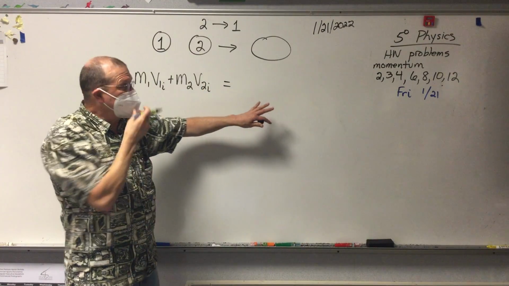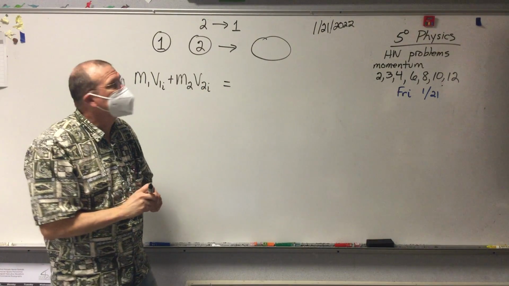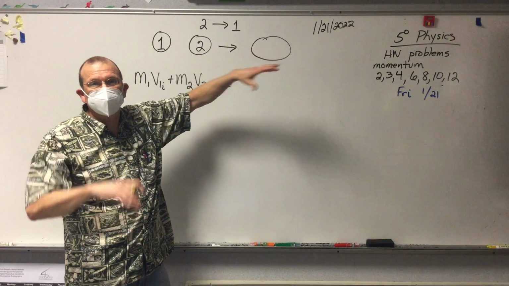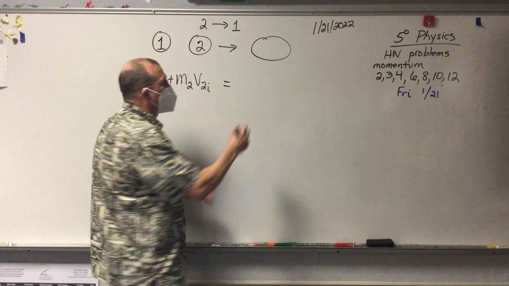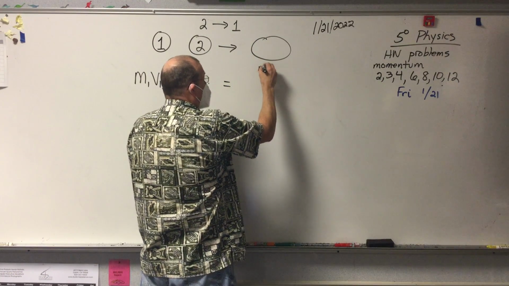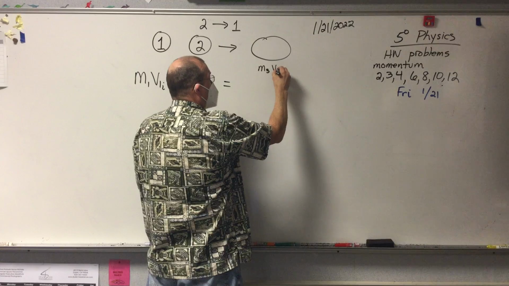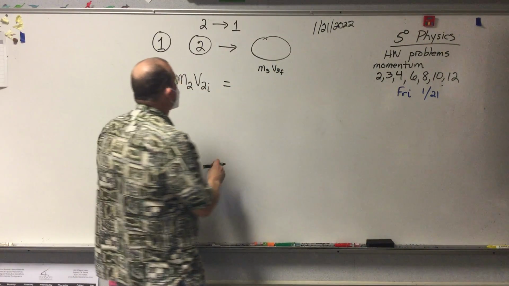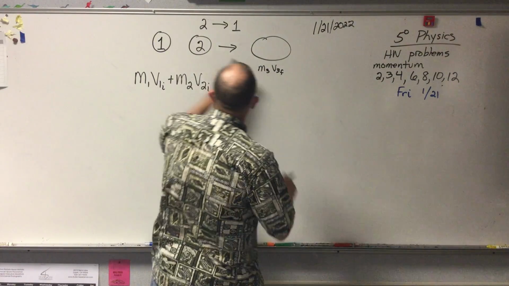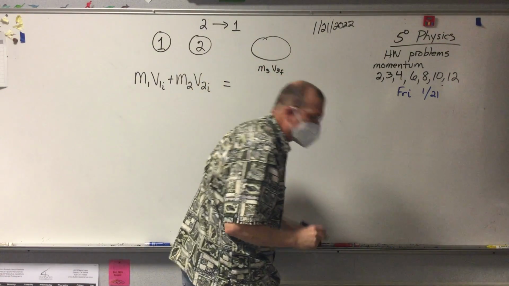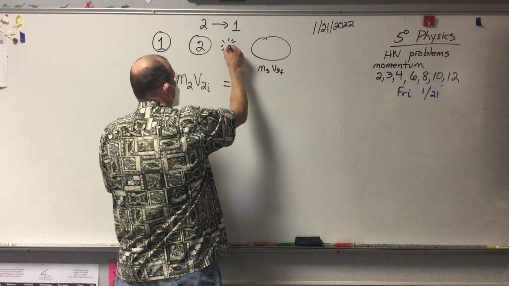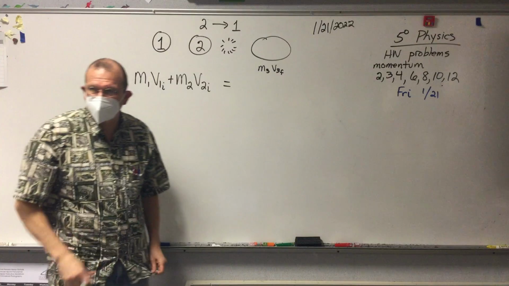Now on this side, initially somebody said, let's call this 3. So we could call this M3 V3F, because this is after the event. I'm going to correct this so it stays like I had in your picture: I had my little starburst here because that's where the collision happens.